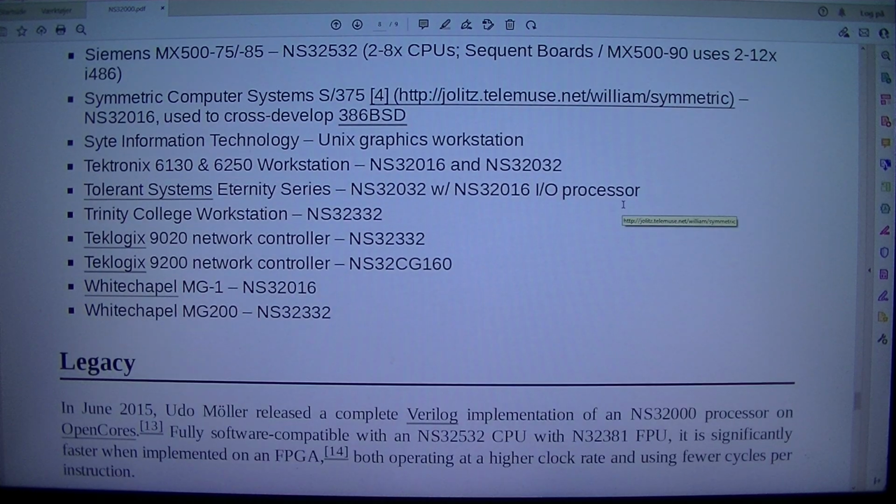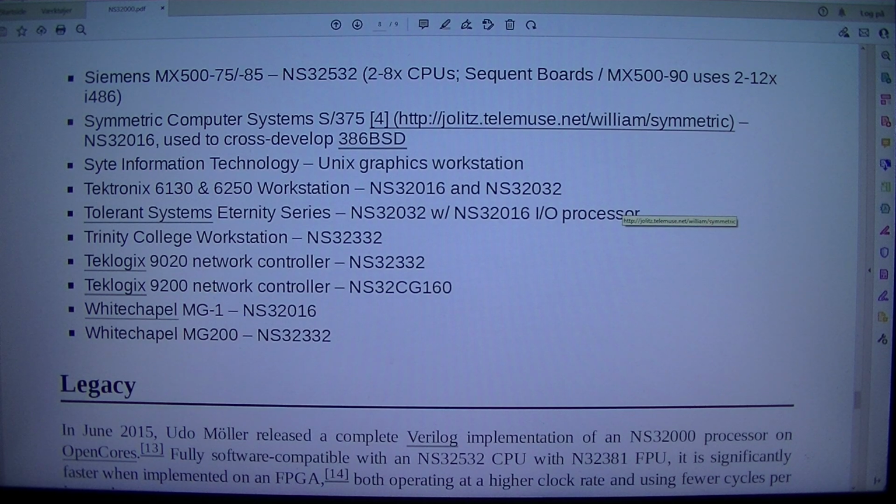Siemens MX500-75/85 NS32532 2-8X CPUs, Sequent boards. MX500-90 uses 2-12 i486.